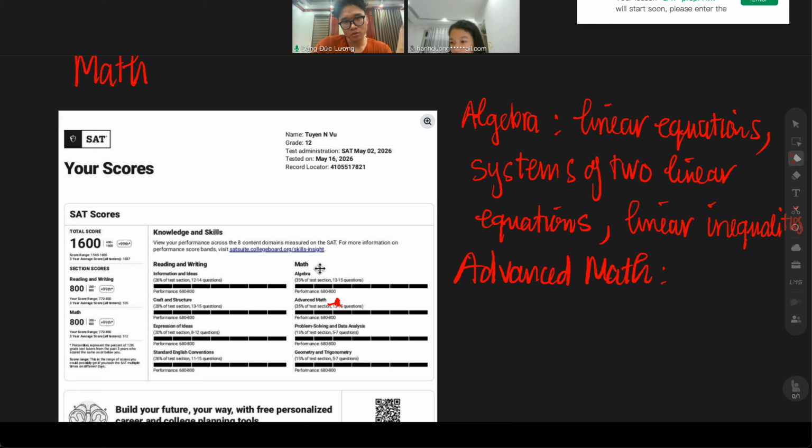Polynomials, exponential functions. It has a form like this: a power n. Not yet. Okay, so I will teach you when we come to that domain.